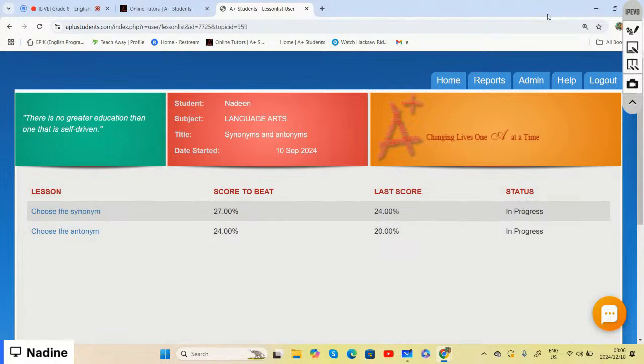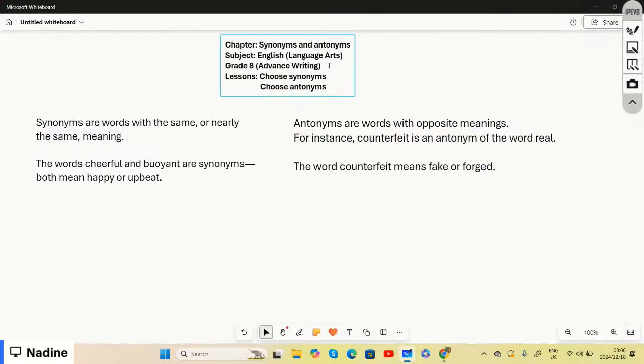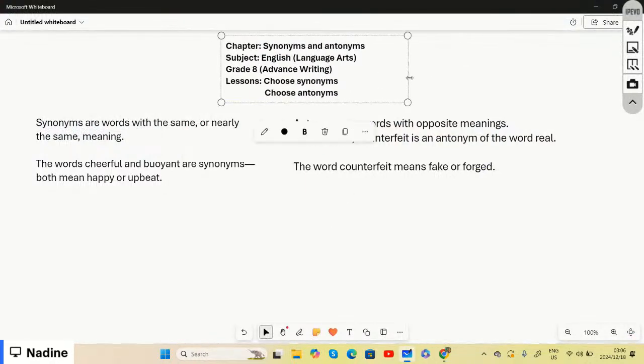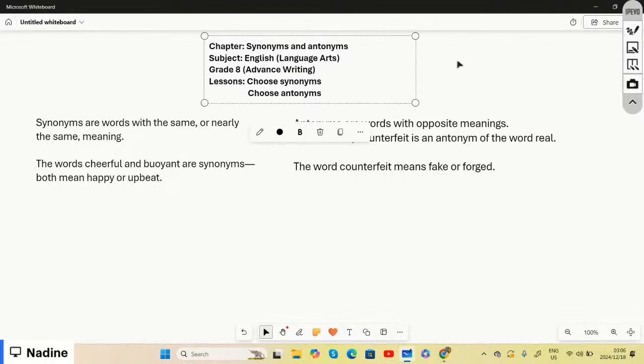All right, so we are doing synonyms and antonyms. The chapter is synonyms and antonyms. Our subject is English language arts.